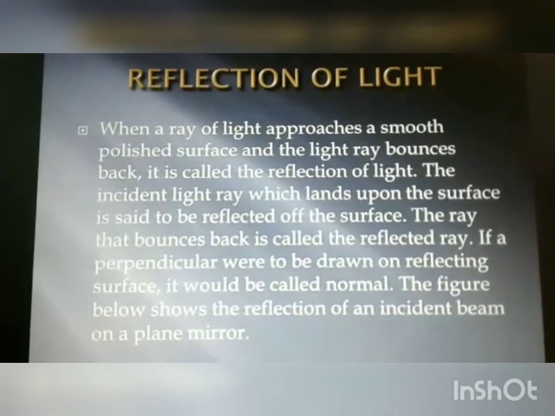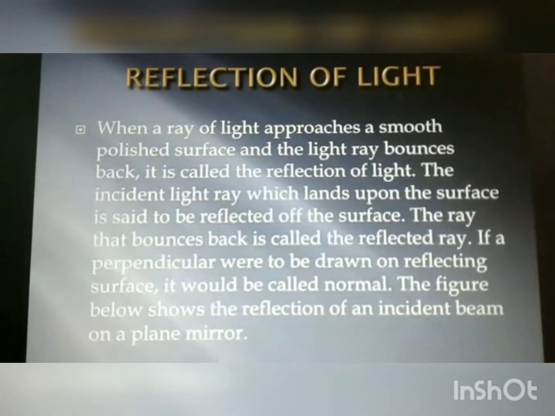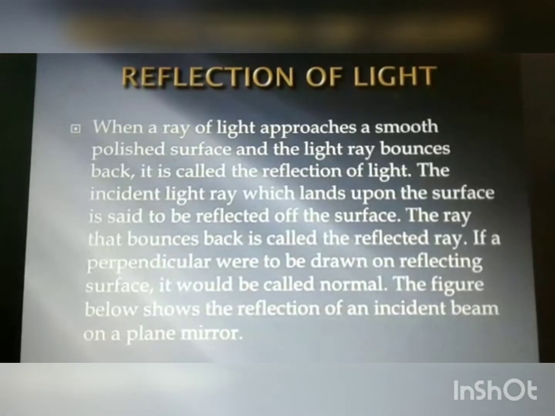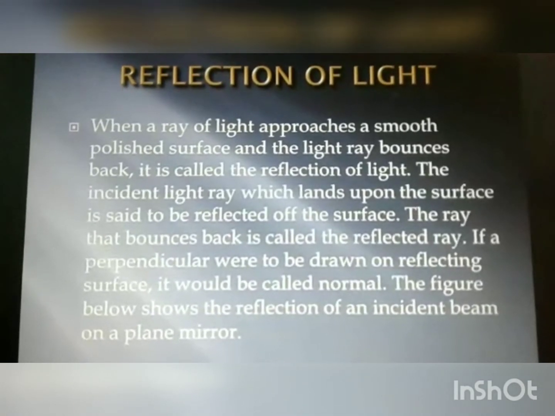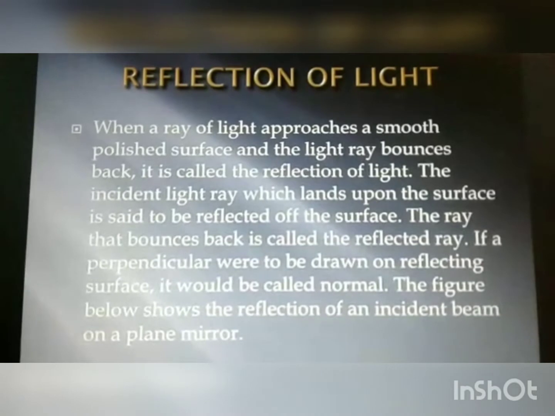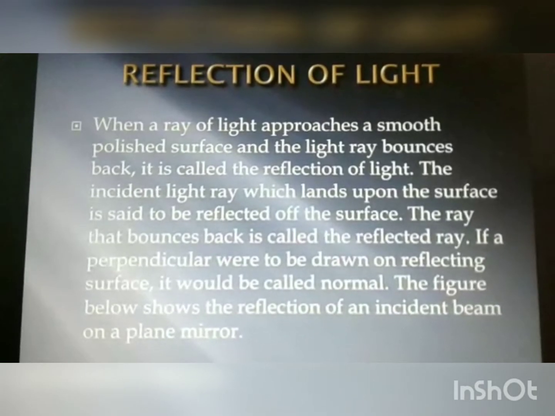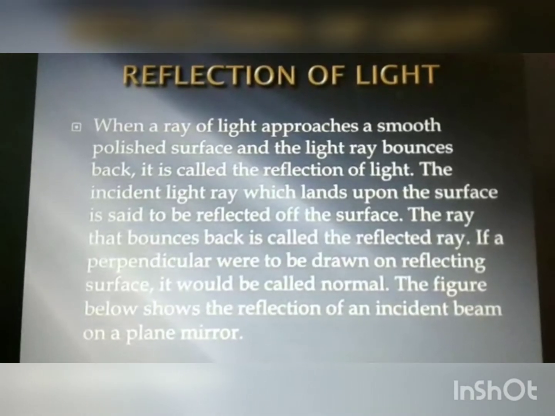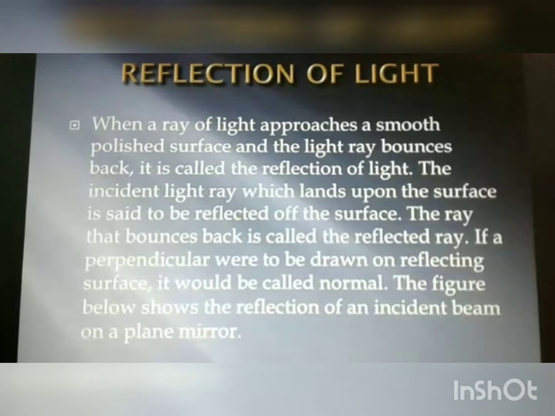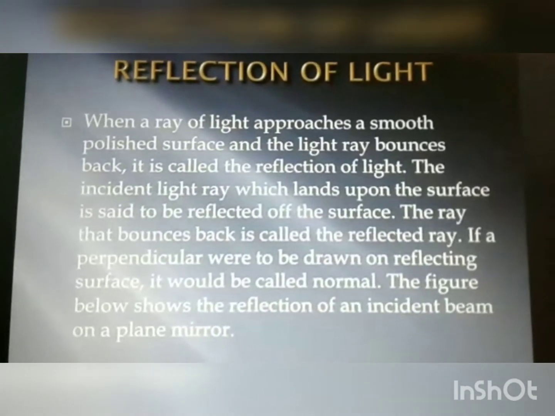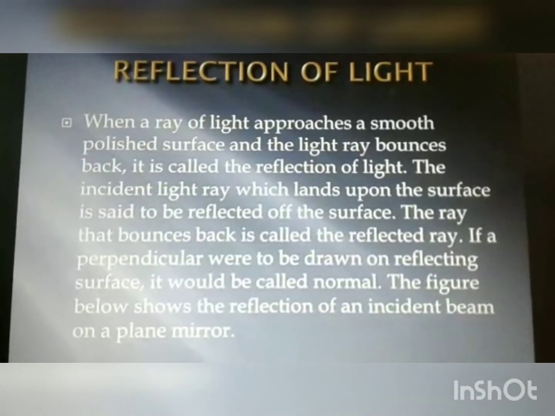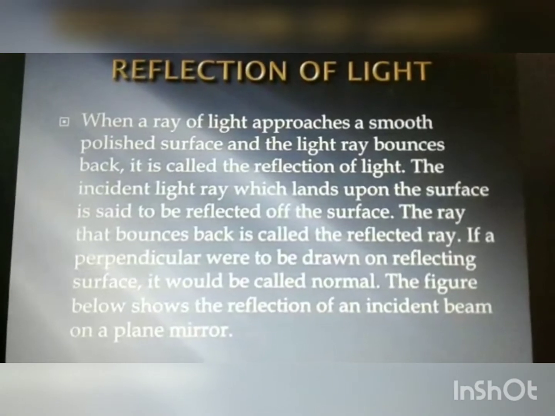The incident light ray which lands upon the surface is said to be reflected off the surface. The ray that bounces back is called the reflected ray. If a perpendicular is drawn on the reflecting surface, it is called the normal. The figure below shows the reflection of an incident beam on a plane mirror.